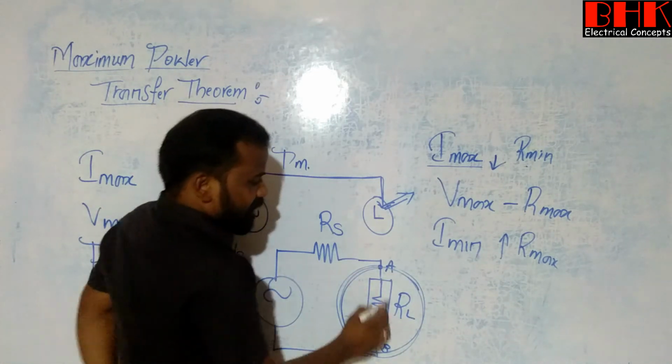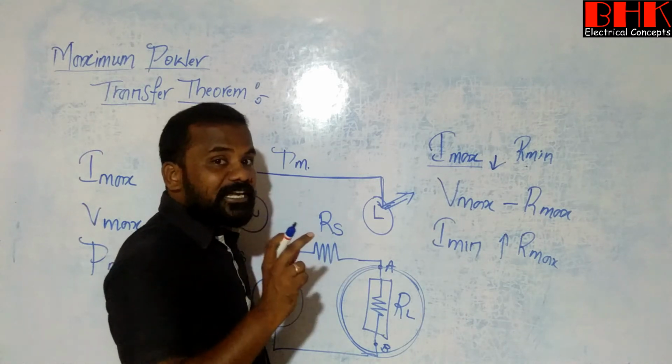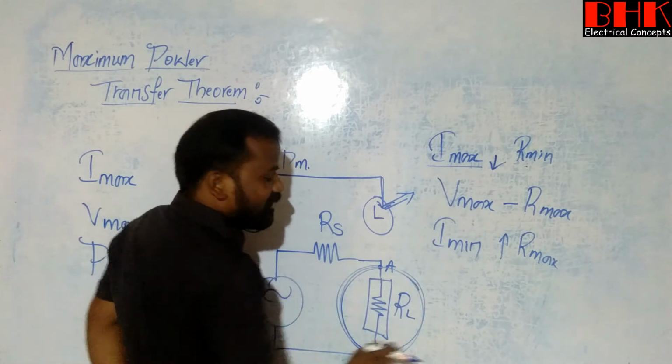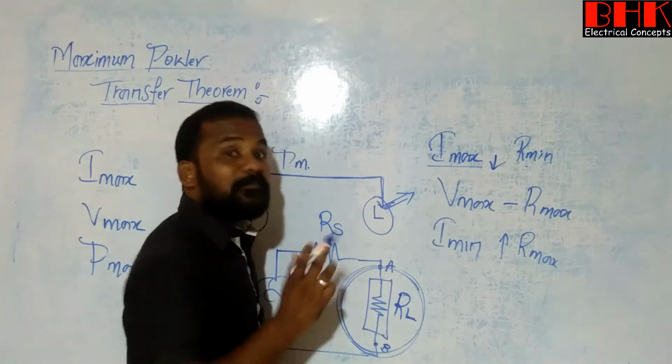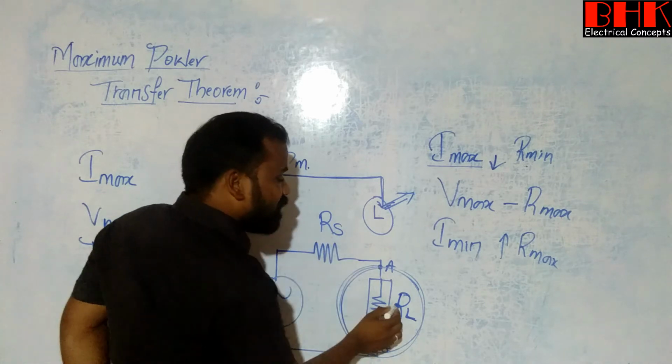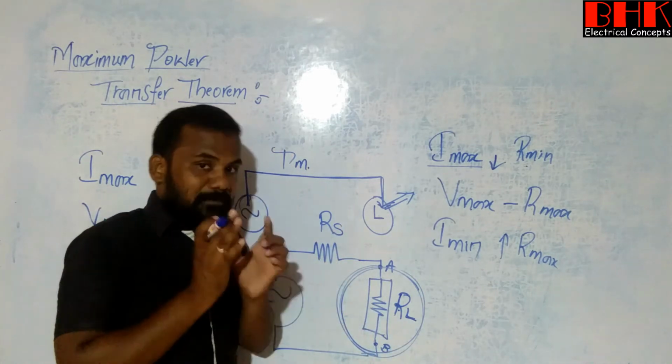Now see here, if I want to get maximum voltage at this particular load, then the value of RL is always maximum. When the value of resistance is maximum, then only we get maximum voltage.